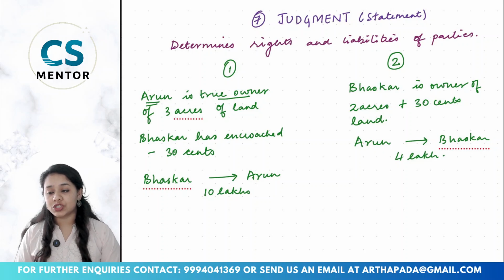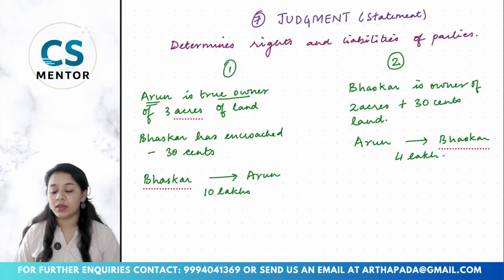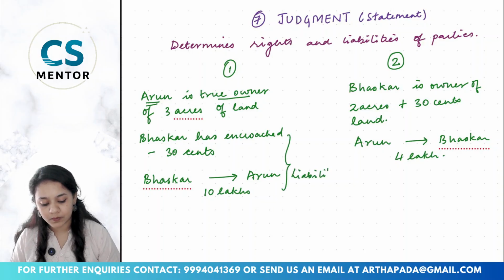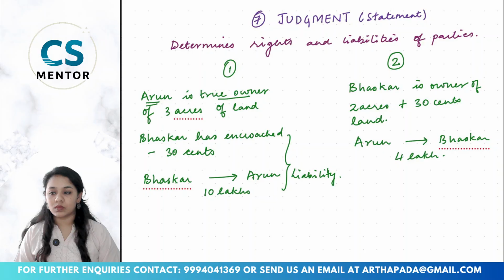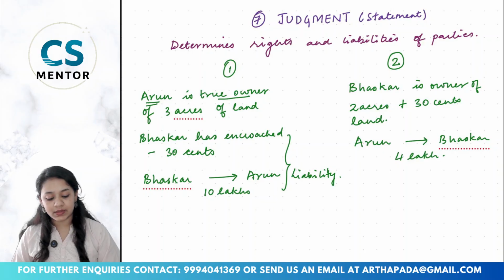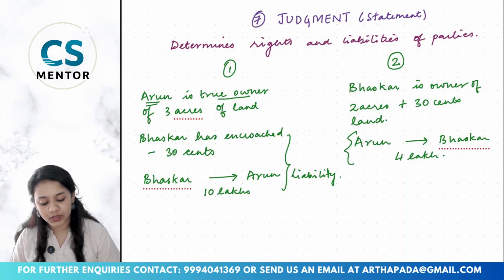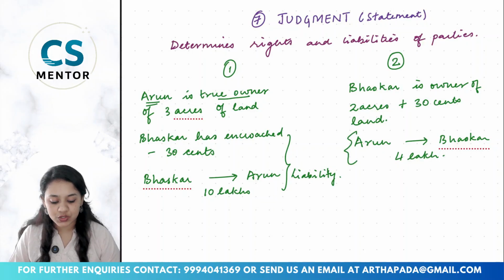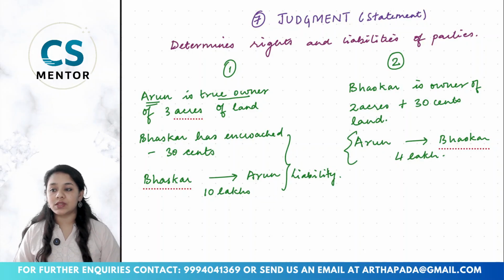In the first situation, the court is saying that Bhaskar has encroached and that Bhaskar should pay 10 lakh rupees over here. Don't you think we call this a liability? This is a liability, correct? And in the same way, in the second situation where Arun has to pay 4 lakh rupees to Bhaskar, that is also a liability. So this is how a judgment determines the rights and liabilities of parties.